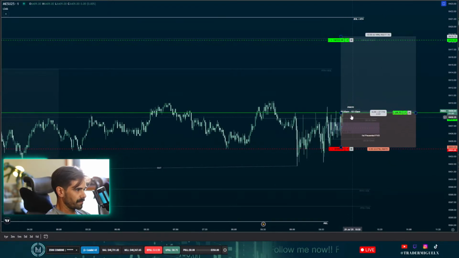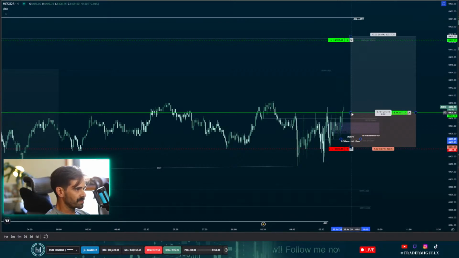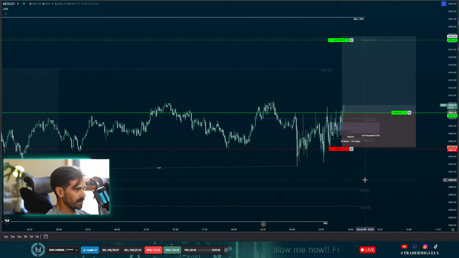Let's just see if we have some momentum here inside the macro as well. So yeah, the fill was kind of miserable, but let's give it some time here just to develop.